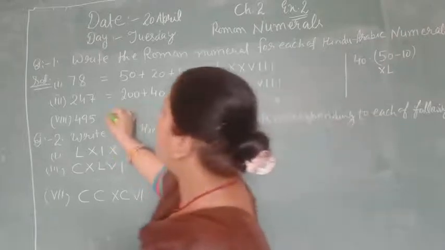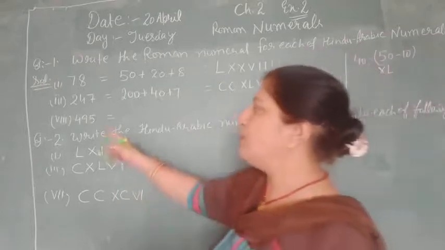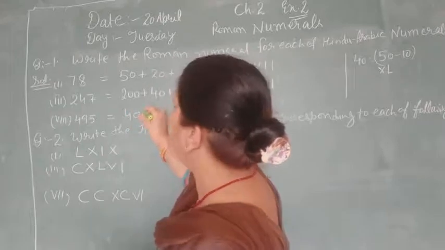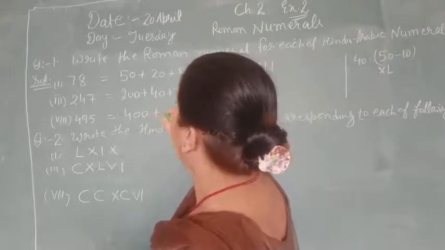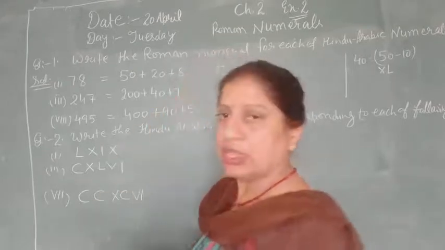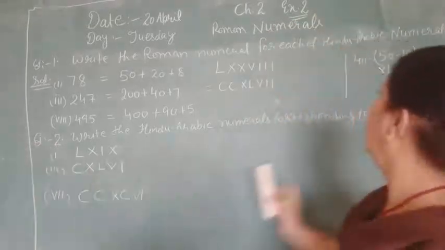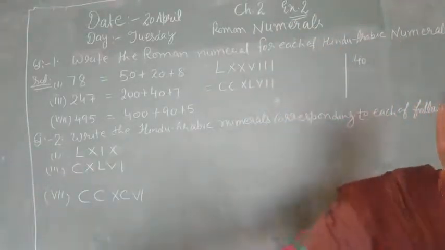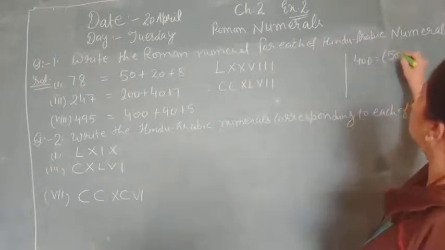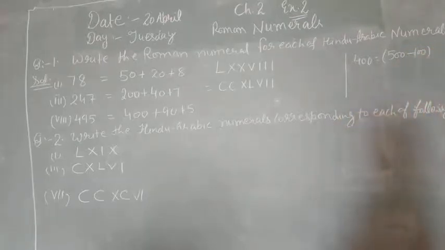Now our next number is 495. So first of all we break up this number, and how do we break it up? First of all we write 400 plus 90, then plus 5. Clear this one? Again we see that 400 is written like this: 500 minus 100. 500 में से 100 subtract करेंगे.